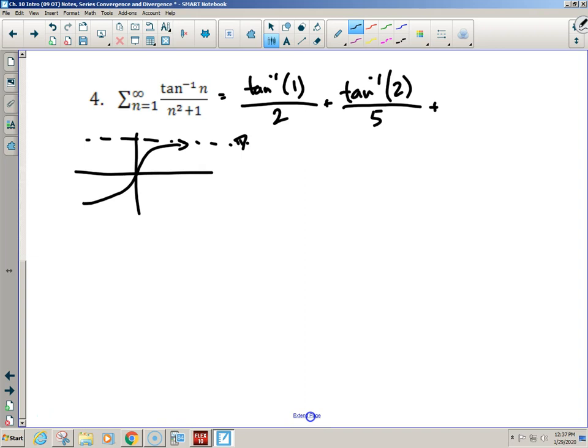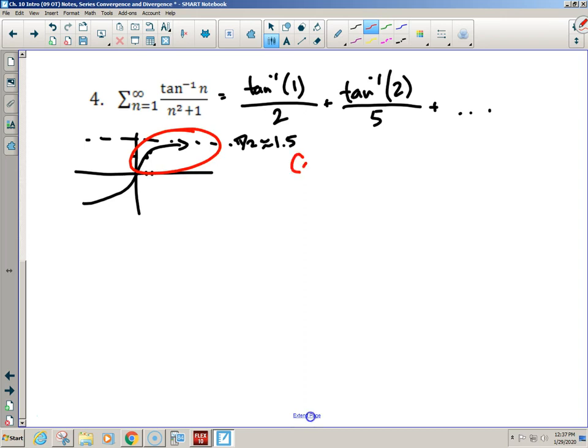And what is it going up towards? What is pi over 2 approximately? Wait a minute, didn't the denominator go up by 3? If tangent inverse, pi over 4, went up by 1, and it's bounded by 1.5, who's getting bigger faster? The bottom. So what's happening to the number? Decreasing. And is it positive? Yeah, because all these tangent inverse values are positive, so anything for n greater than or equal to 1 is positive.